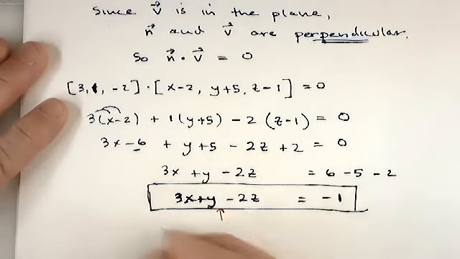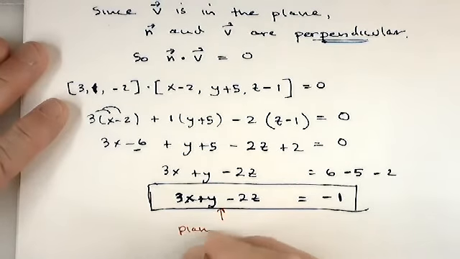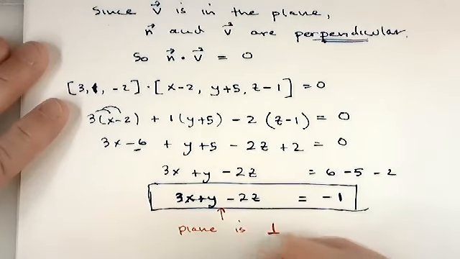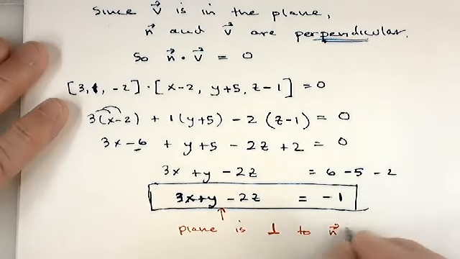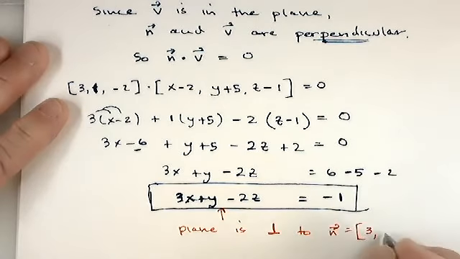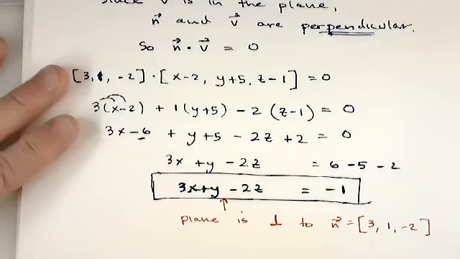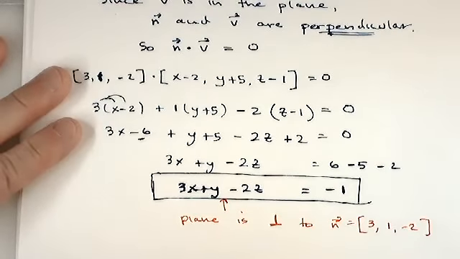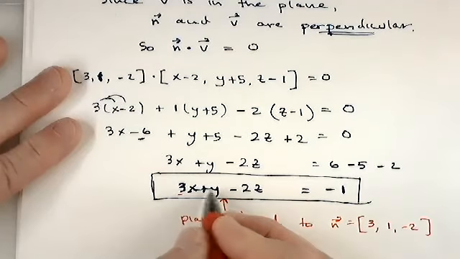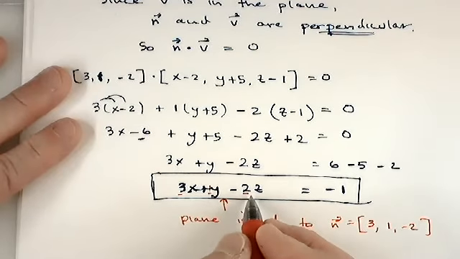This plane is perpendicular to the vector we were given, (3, 1, -2). What is kind of interesting about that? 3, 1, -2.